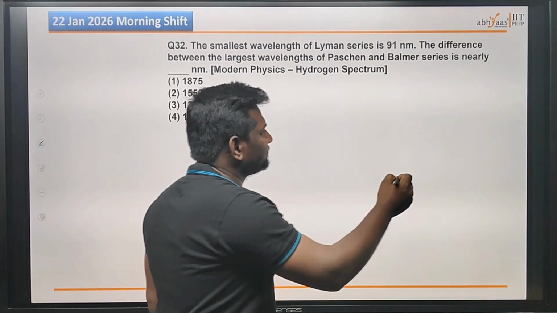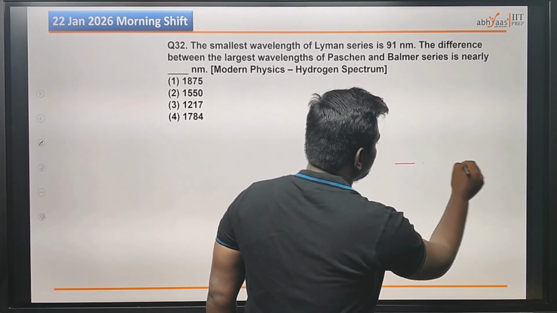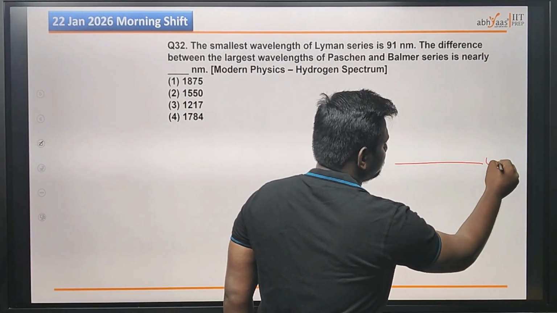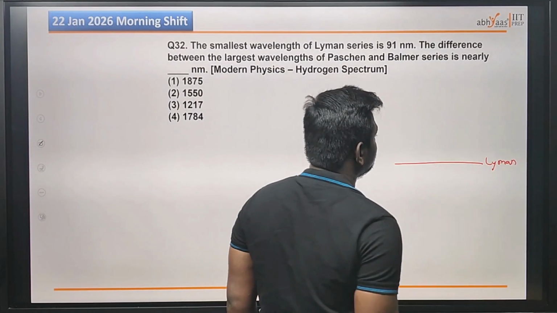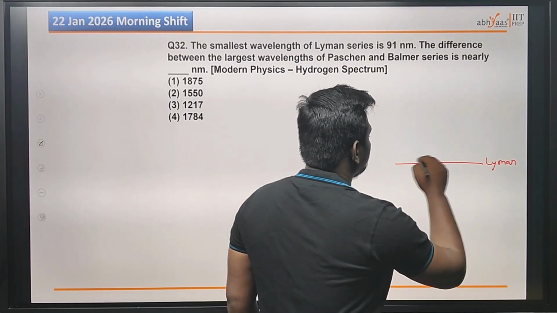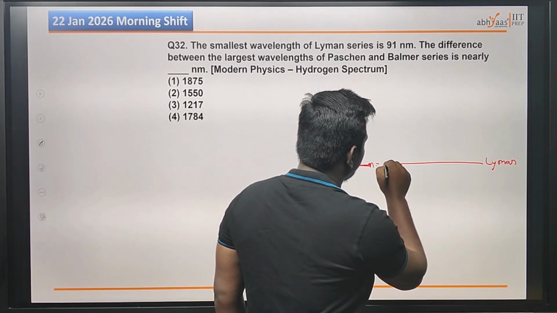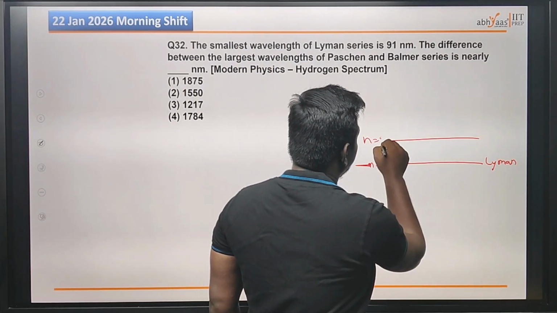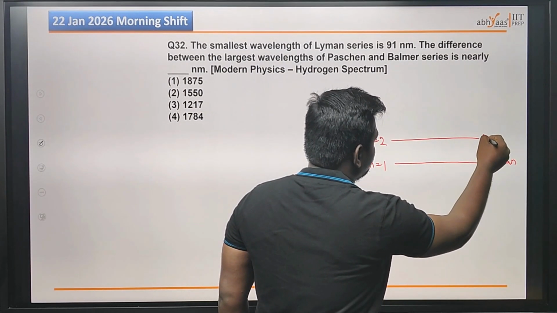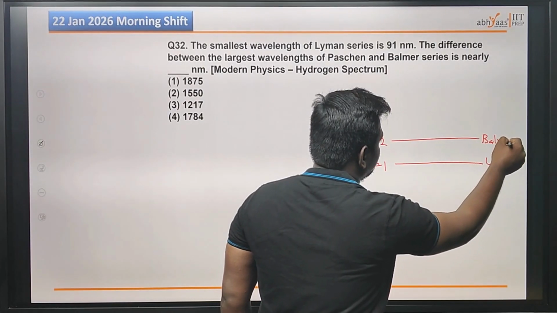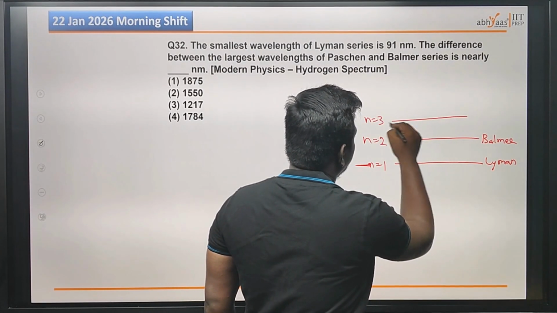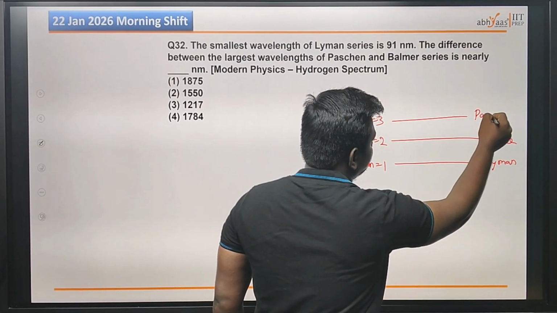So see here, if you observe the pattern, this is our Lyman series. Take it as n equal to 1, and one more is n equal to 2, that is the Balmer series, and one more is n equal to 3, that is Paschen.